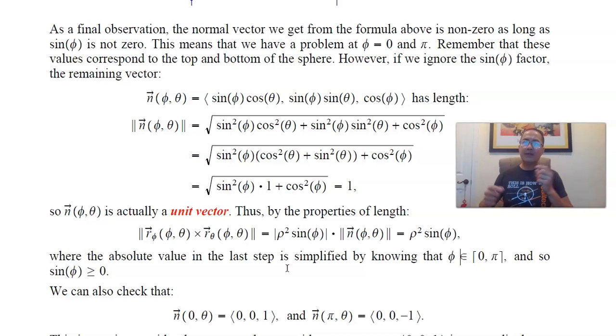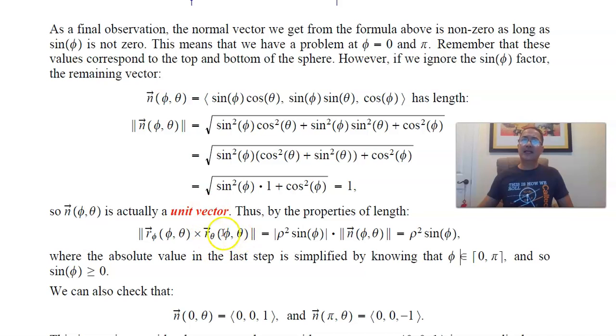So we have a similar problem with this cross product. When phi is 0 or pi, the length of that cross product is 0, since sine of 0 and sine of pi are 0. How many vectors have 0 length? Exactly one, the zero vector.